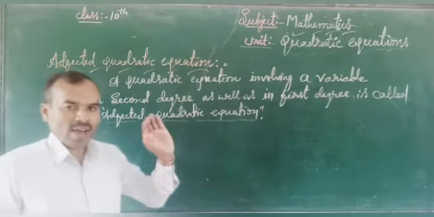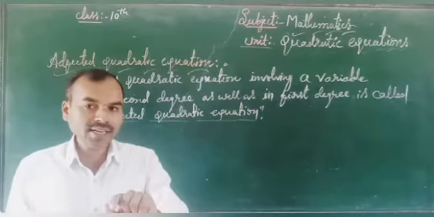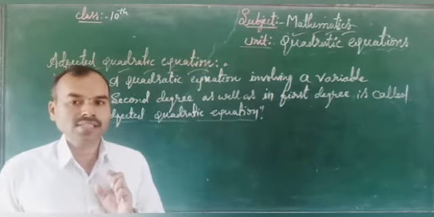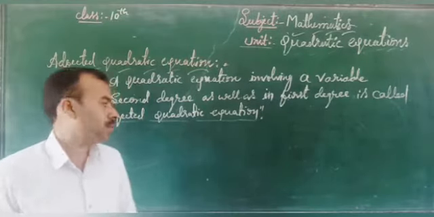Repeat once again, an equation involving a variable in second degree as well as in first degree is called an unaffected quadratic equation.